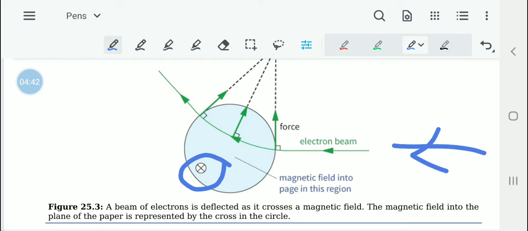So this magnetic field results in a force that turns the electron beam, so it is affected in a way.